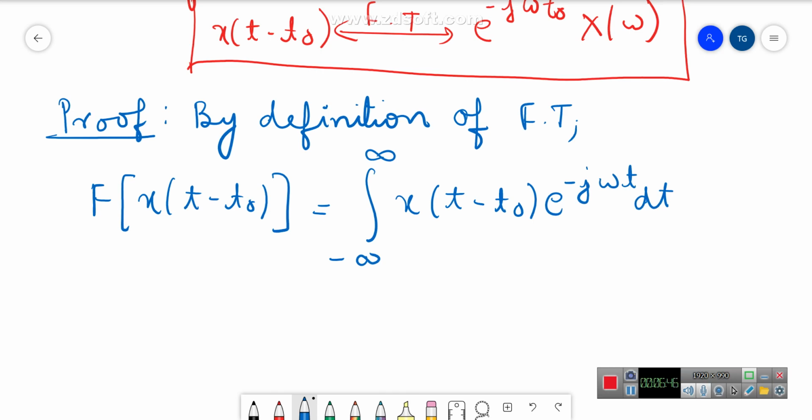Then we can substitute this into another variable. Let t minus t naught be equal to p.